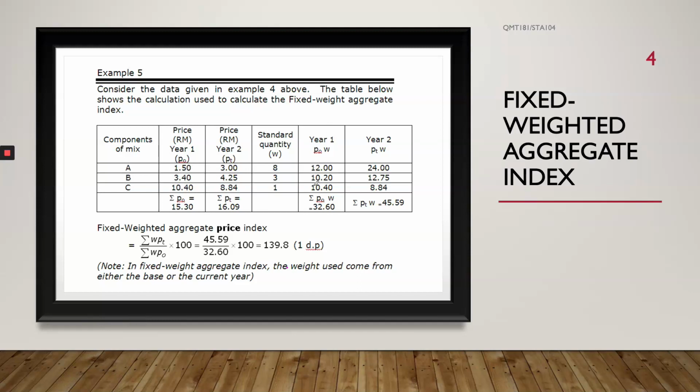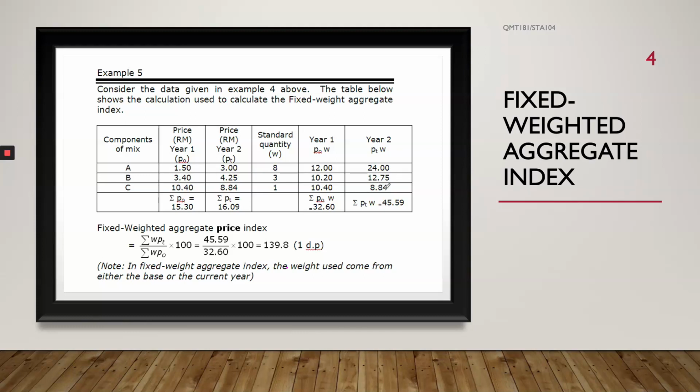Proceed until you have finished component C for weightage times price at the base year, and then you do price at the current year times weightage. Again, 24 you will get from 8 times 3. For 12.75, it will be 3 times 4.25 ringgit.